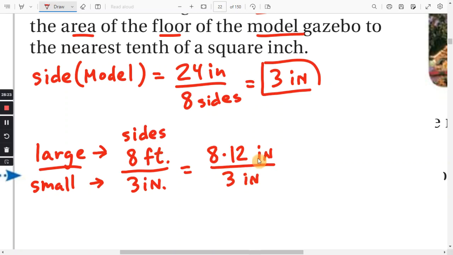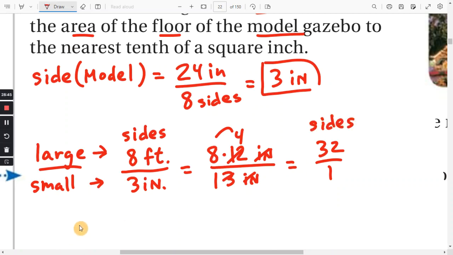Inches over inches cancel, and we could use a calculator, but 12 over 3 is just 4, and 8 times 4 is 32. And the 3 canceled, so we're just left with 1 in the denominator. So that's the ratio for the sides.